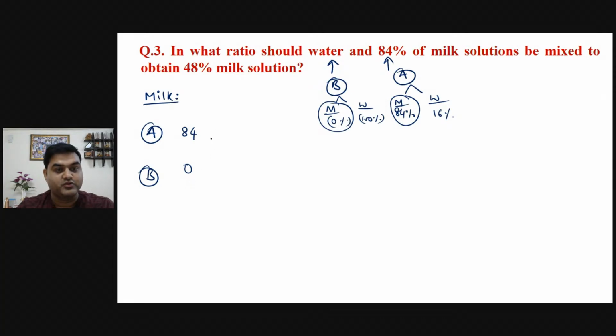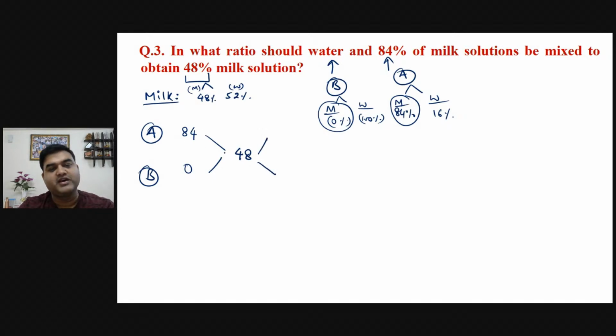So we are going to add these two and we want 48% milk solution. That means here milk will be 48, and the remaining 52% will be water. So this is the resultant.